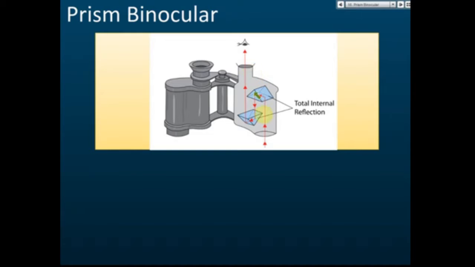There's one lens here and one lens here. If you want to get a brighter and bigger image, the distance between these two lenses can be quite far, maybe 50 cm or 100 cm.